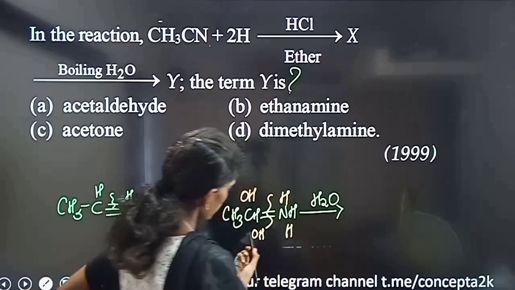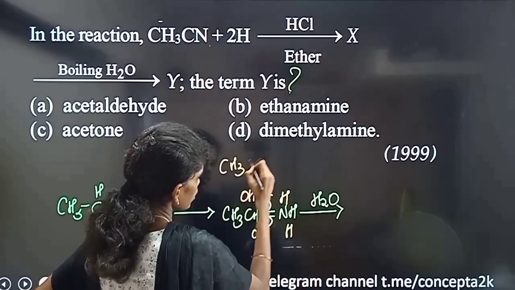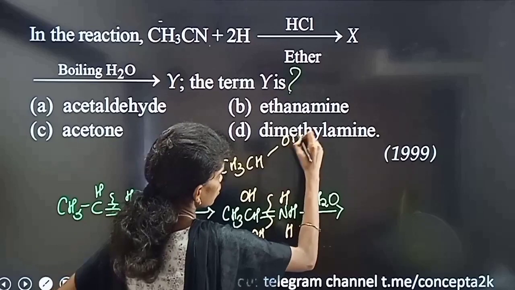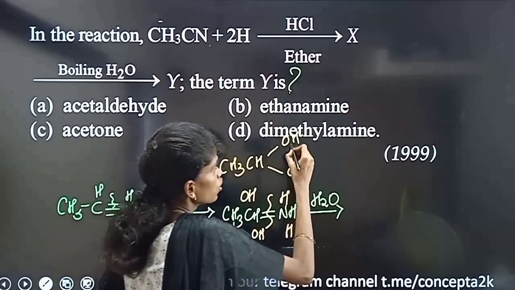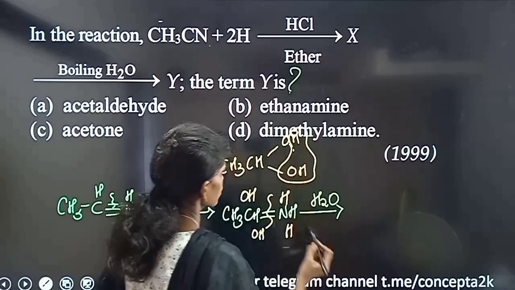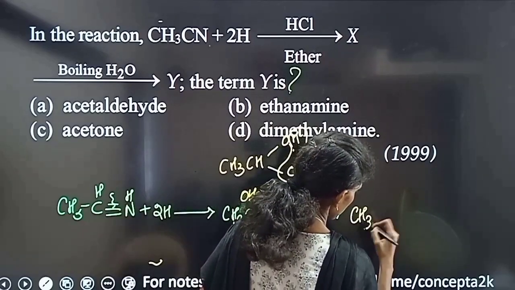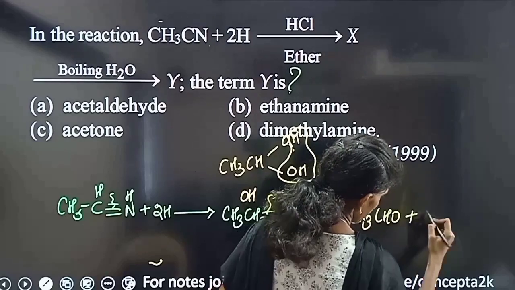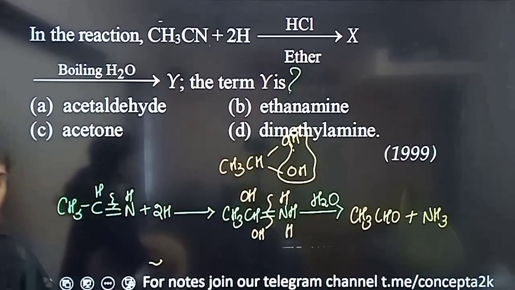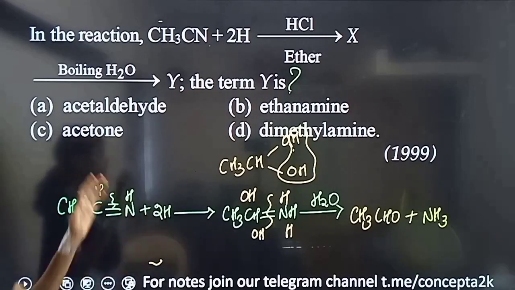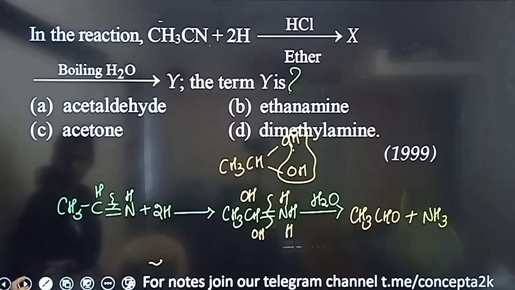So it will form ammonia plus CH3CH(OH)OH. So one carbon and OH will come here. So water condenses out and it will give CH3CHO, ammonia. So it will give acetaldehyde. So option A is the right answer.